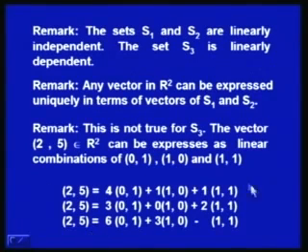You can express 2, 5 as 4 times 0, 1 plus 1 times 1, 0 plus 1 times 1, 1. Also, 2, 5 can be expressed as 6 times 0, 1 plus 3 times 1, 0 minus 1, 1. This is possible because an arbitrary constant K appears in the solution of the linear combination.